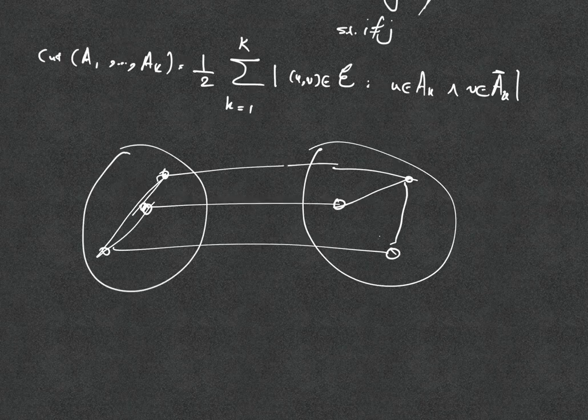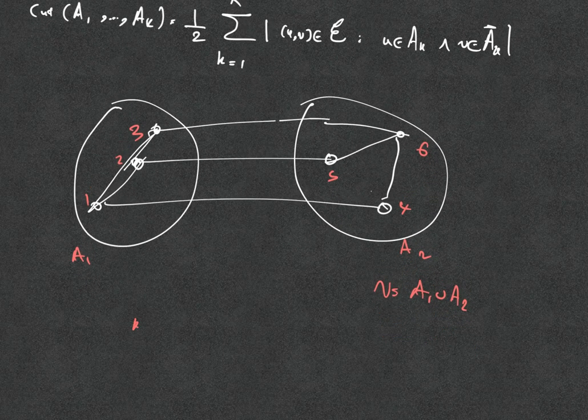Here is an example. In this case, you have A1 here, and you have A2 here, and your V is A1 union with A2. Now here you have nodes 1, 2, 3, obviously 4, 5, 6, and in this case, for each one of the k's, meaning for k equal 1 to 2, let's do it individually for each one of them.